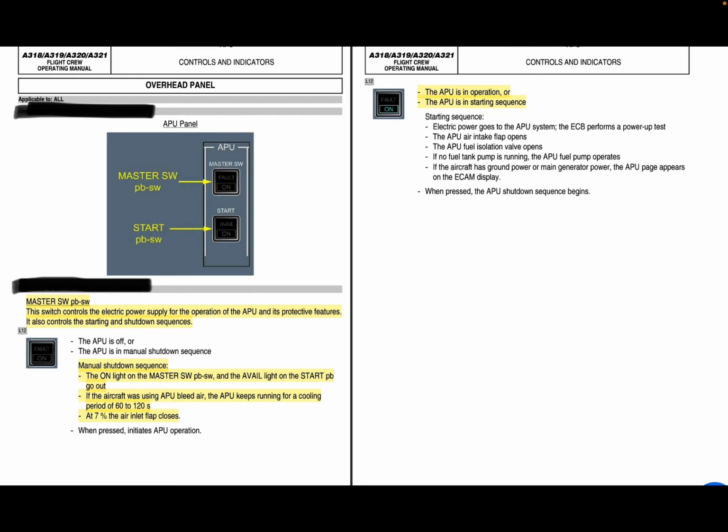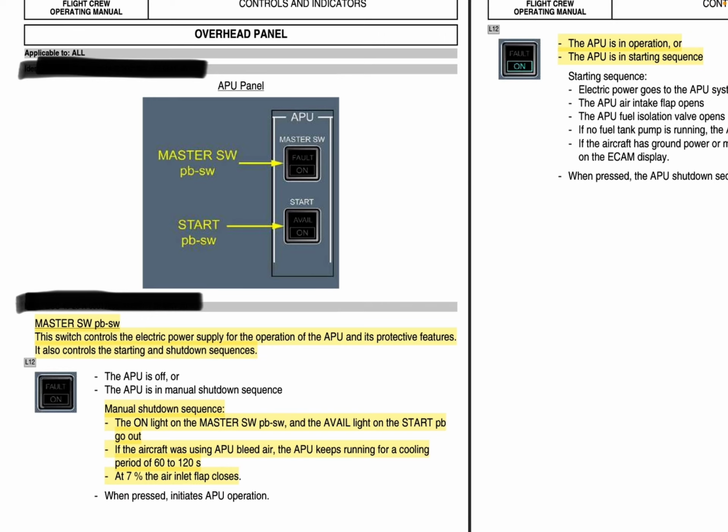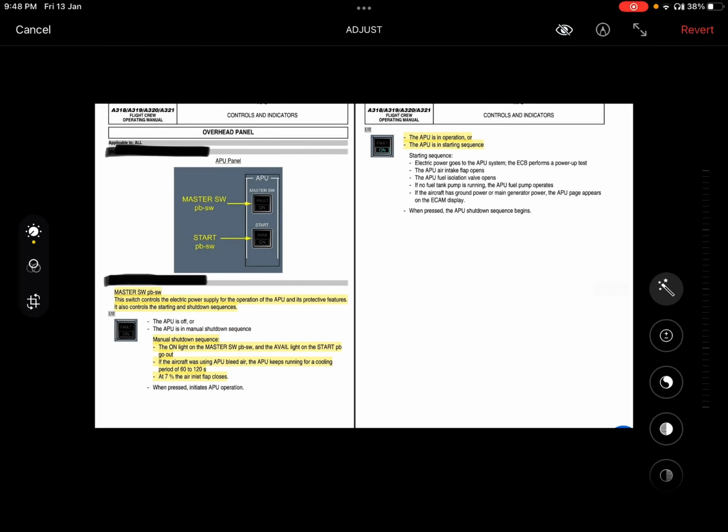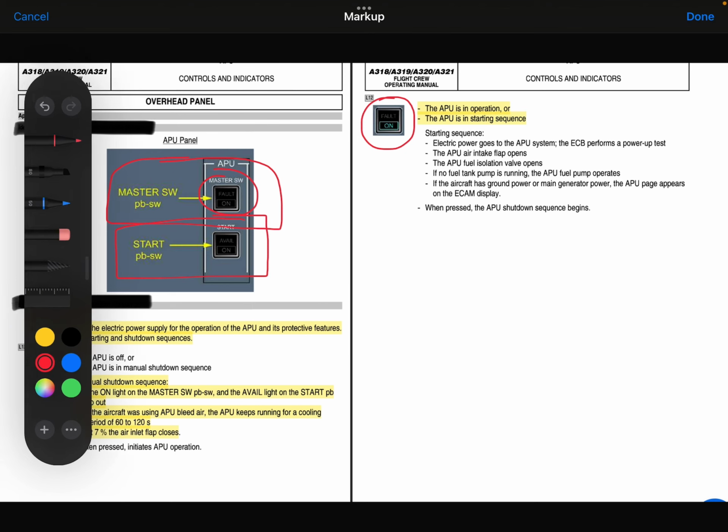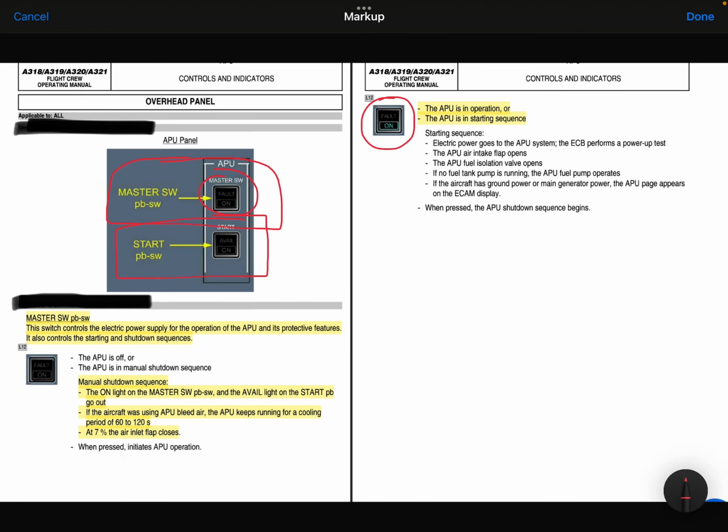If there is no light on it, it means APU is off, and if there is the on light on it, it means APU is in starting sequence or APU is operating. We are talking about this master switch and its light, not about the start switch. On the start switch we have avail light and on light, right?